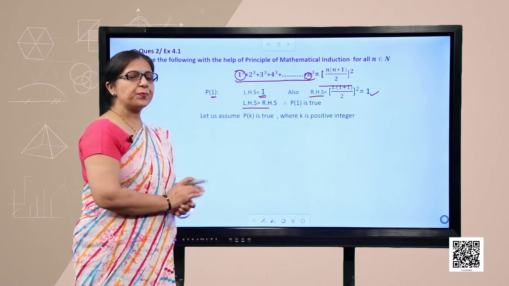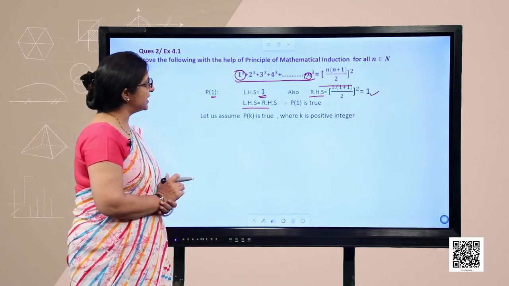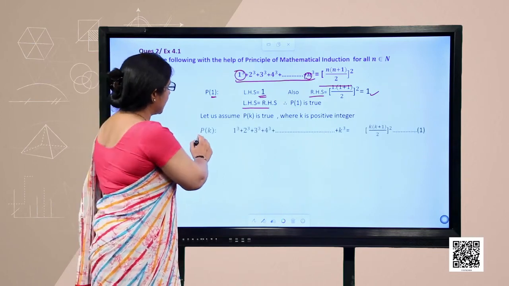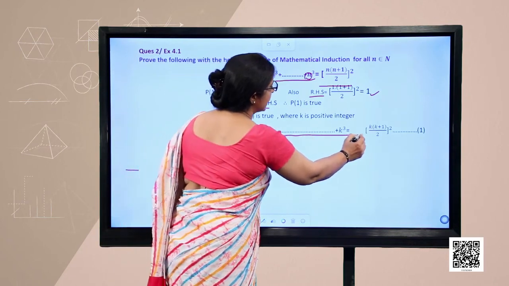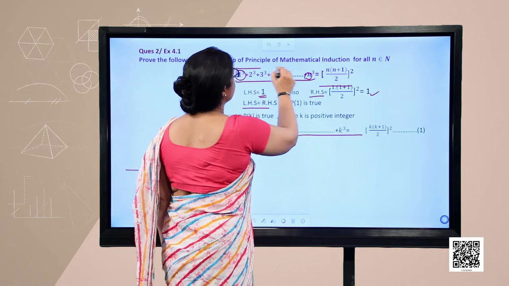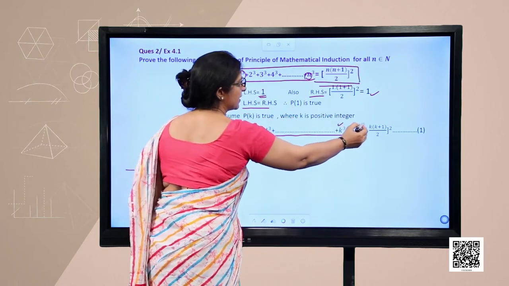Let us assume Pk is true, where k is any positive integer. For Pk, we are writing the same given statement again, only by replacing n by k.